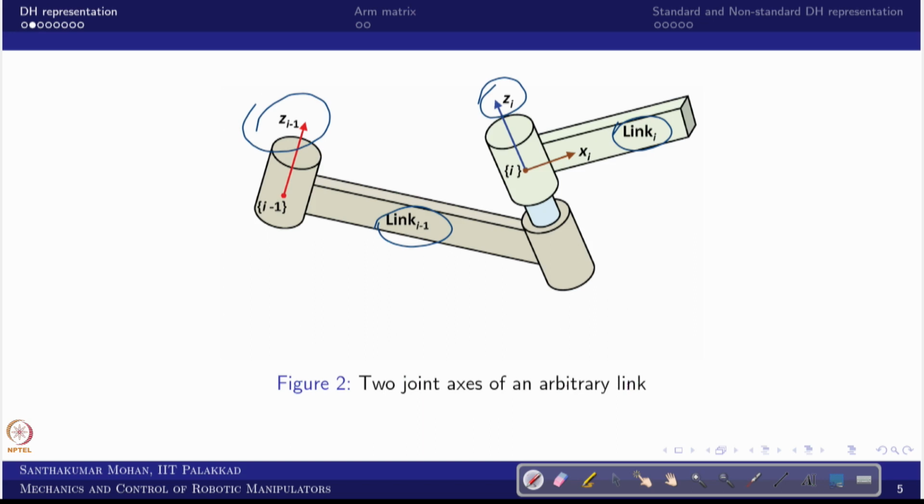In the sense, Zi minus 1 and Zi are already fixed. Now we don't know how the Xi goes, because Xi is supposed to get its information from Zi and Zi plus 1. So right now we assume that the Xi goes this way. Now we assume that this is the I minus 1 frame point and this is the ith frame point.